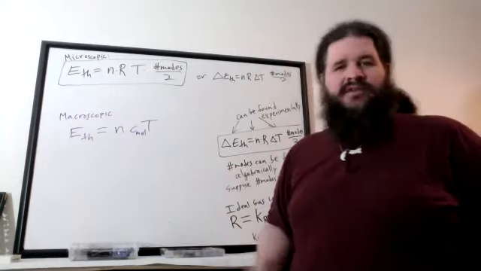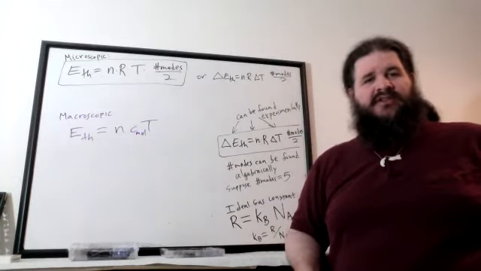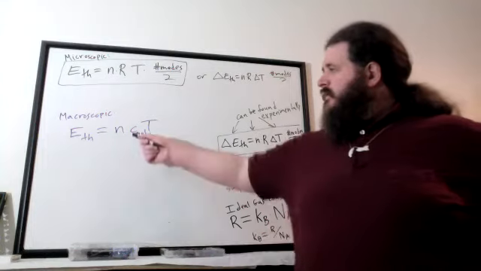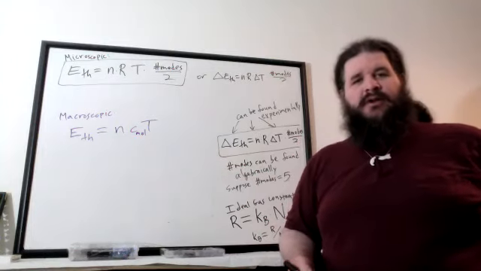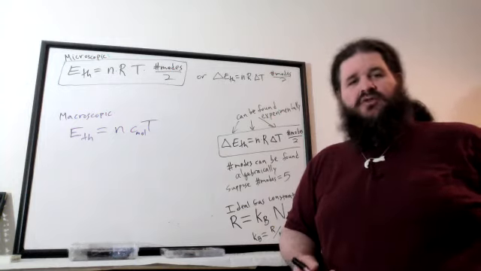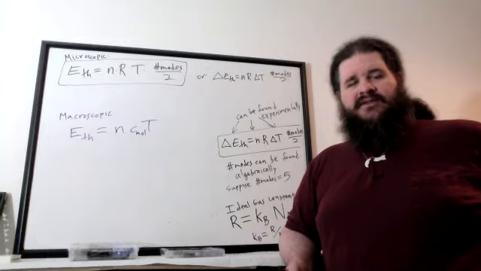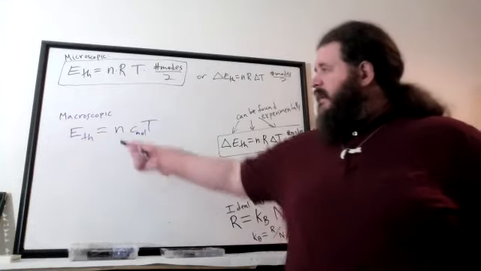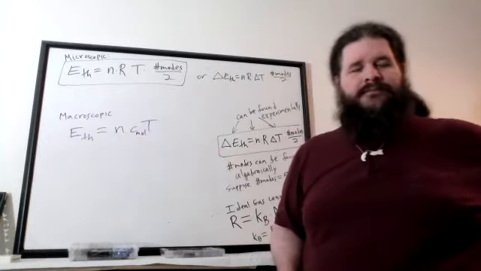So number of moles is also a description of how much of the substance there is. But then instead of using specific heat in joules per kilogram Kelvin, we're going to use the molar specific heat, which would be measured in joules per mole Kelvin. Same idea, just using different units of measurement to match up with the idea that we've got moles here.